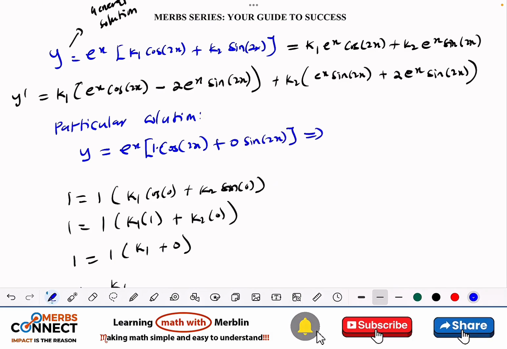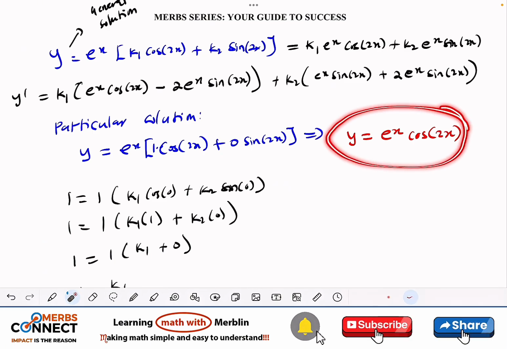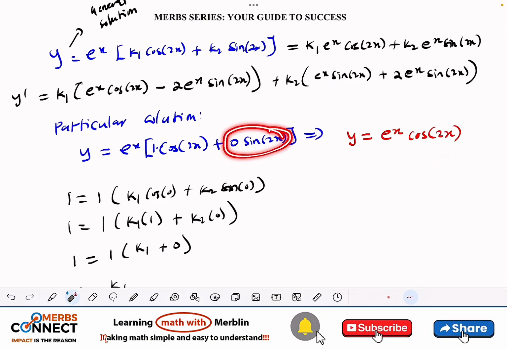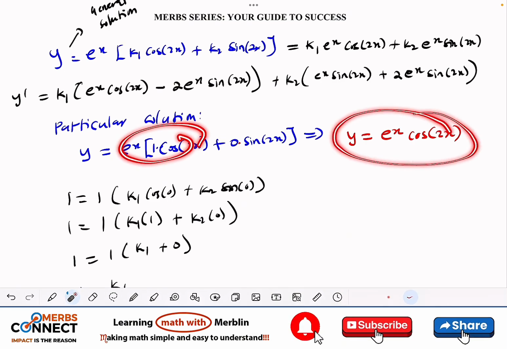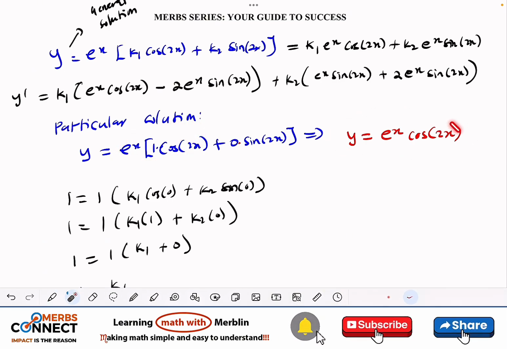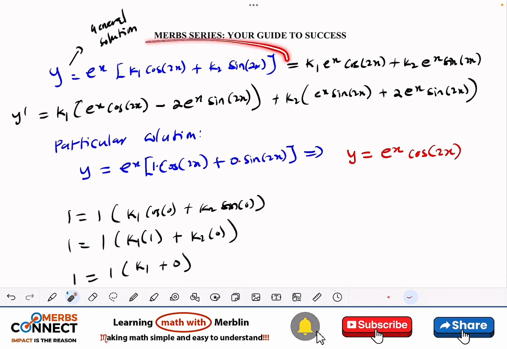So this will simplify to y is equal to e to the power x cos 2x. So this is what you are going to get at the end of the day, because this is going to be 0. So this is the particular solution, and this is the general solution.